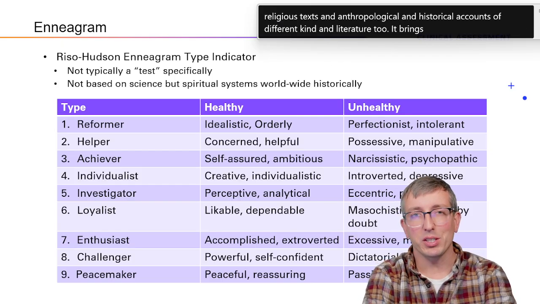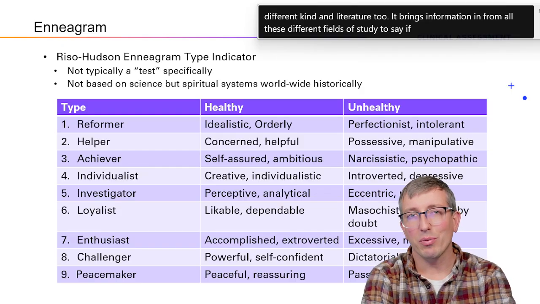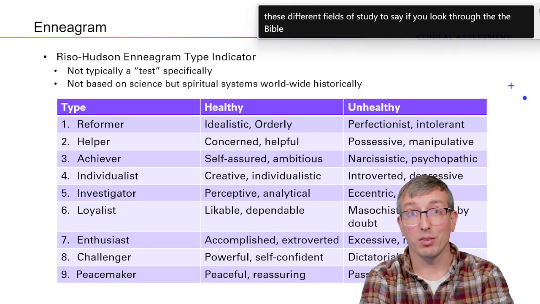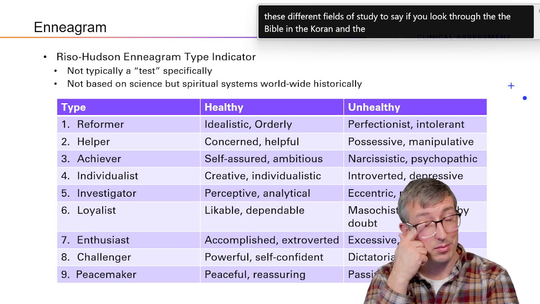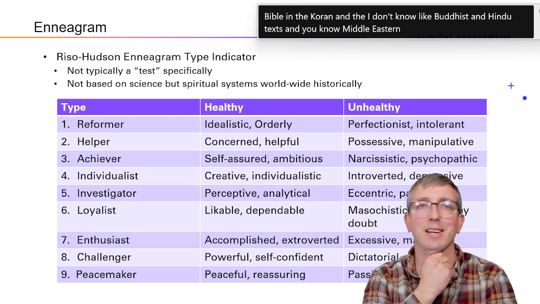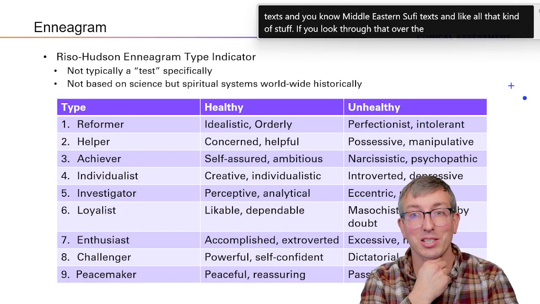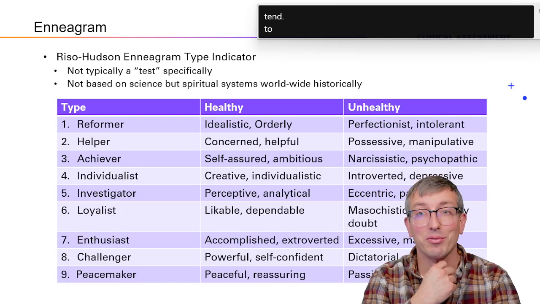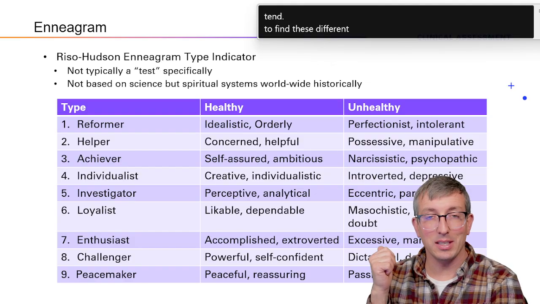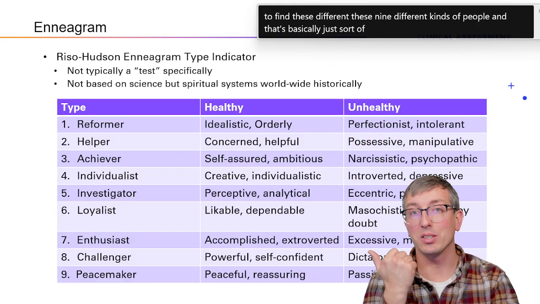It brings information in from all these different fields of study to say if you look through the Bible and the Quran and Buddhist and Hindu texts and Middle Eastern Sufi texts and all that kind of stuff, over the course of history, you tend to find these 9 different kinds of people, and that's basically just sort of anecdotal.